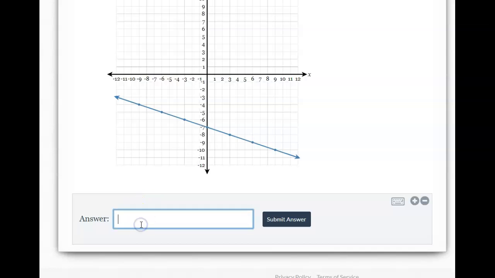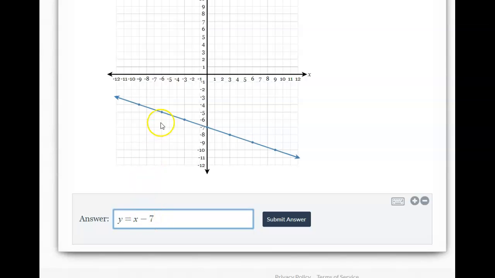So the equation is y equals mx plus b. So the first thing I want to find is b. Now b is my y-intercept, so that is negative 7. So my b value is negative 7. Now we need to find the slope, though.